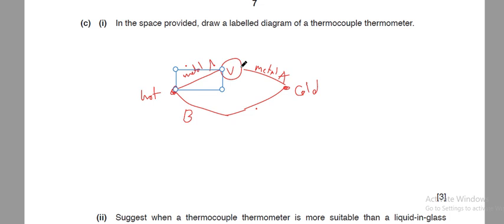And certainly the avometer or galvanometer or ammeter will deflect as there is a difference between the temperature of both ends.